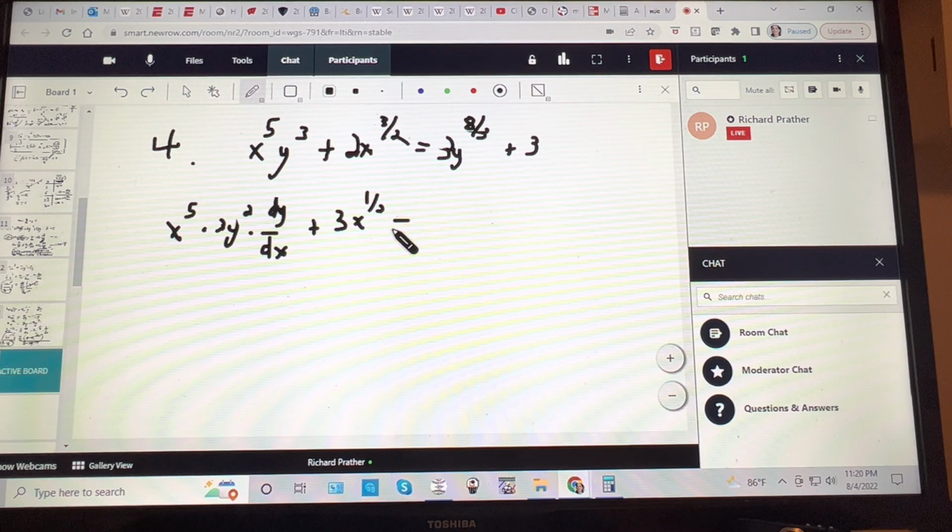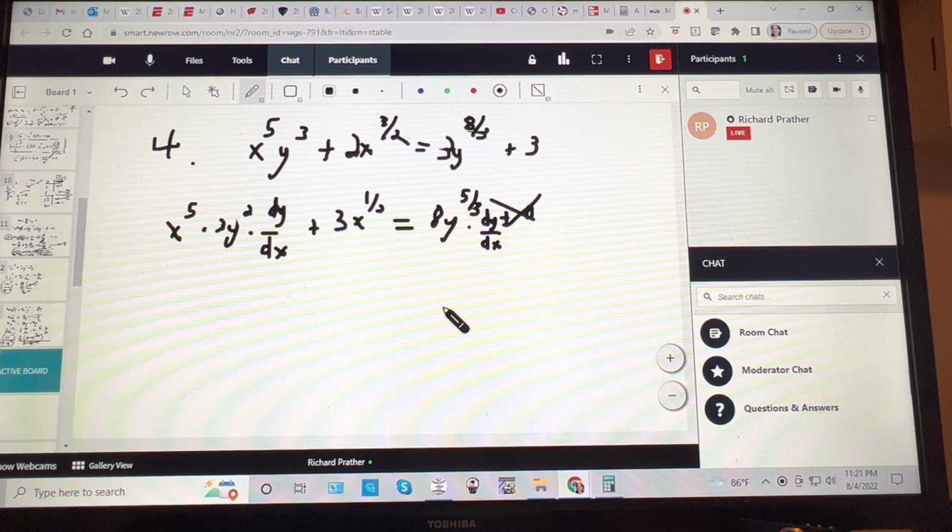That one's x, so nothing attached to it. And they're doing this on purpose apparently because 3 times 8/3, the 3's would cancel. And that would be 8y. 8/3 minus 1, 1 is 3/3. So 8/3 minus 3/3 is 5/3. And the derivative of 3 is nothing, so. And I almost forgot, see, dy over dx right there. Because that was a y variable.